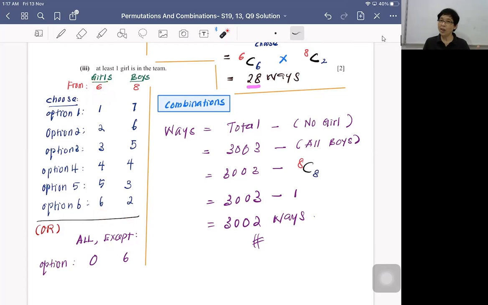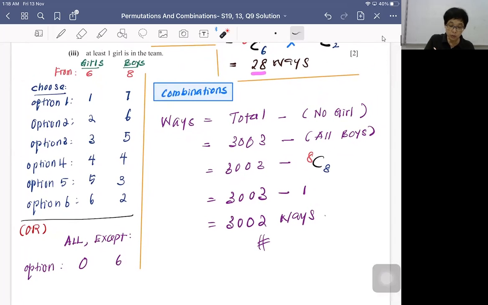Therefore, you don't have enough girls to take up 7 places in the team. That's what you have. And from another perspective, you can consider another way that equally meets the condition, at least 1 girl in the team.